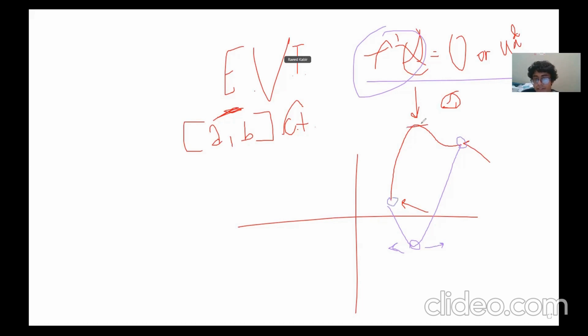Sure, these are relative, and actually in this drawing, there are extreme, absolute max and minimum here.